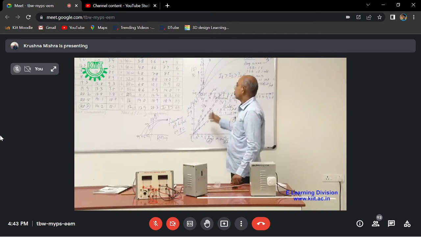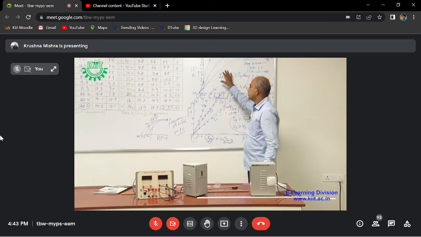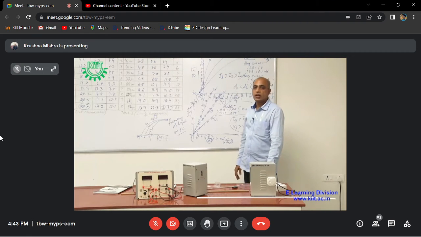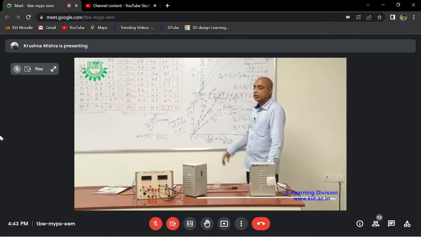So in this way we will conclude our experiment, and the most important part is the plotting of a graph from which we will study the entire characteristics of a photocell and how the laws of photoelectric effect are satisfied or verified from these graphs.